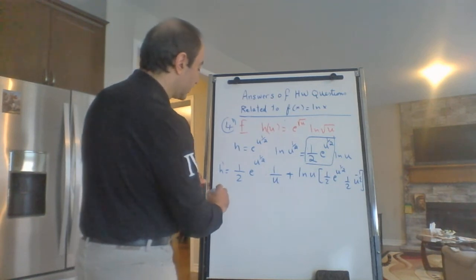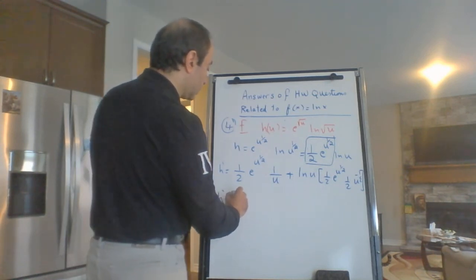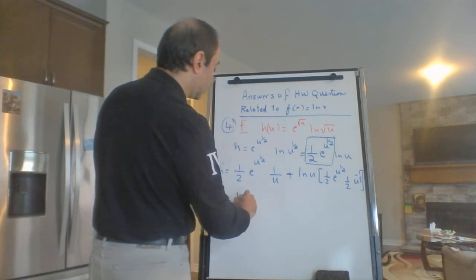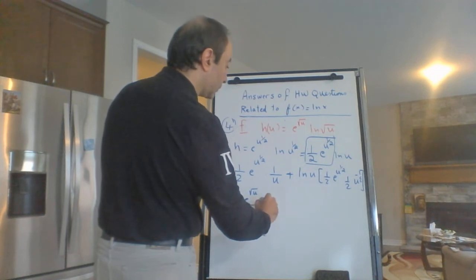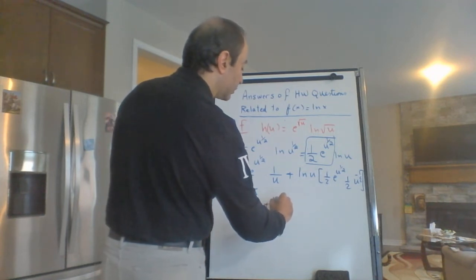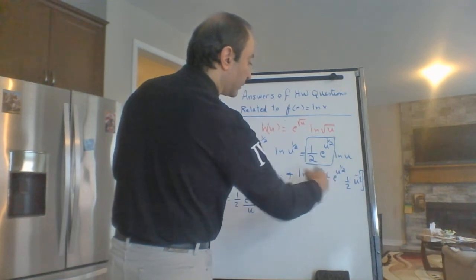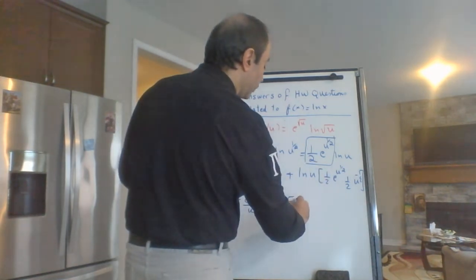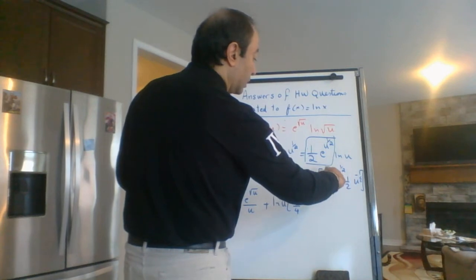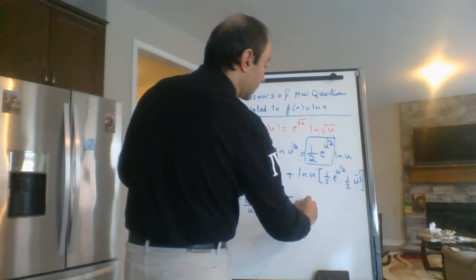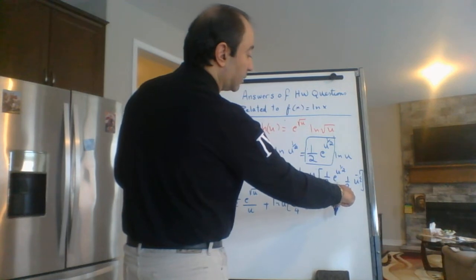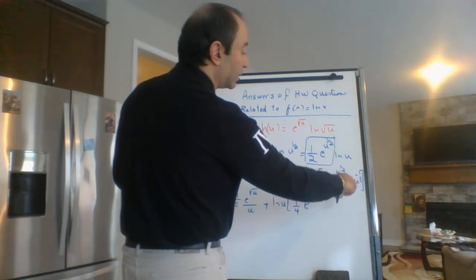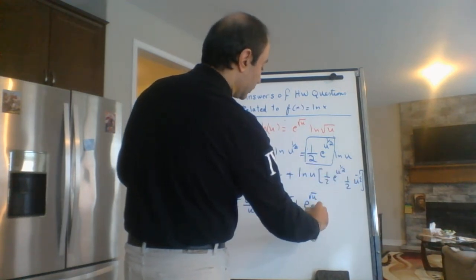So I will write this as h prime equals 1 half e to the power of square root of u over u, plus ln u. 1 half times 1 half will be 1 over 4 e to the power of square root of u, and this, when I take it down, will be u to the power of 1 half, which is the same thing as square root of u.